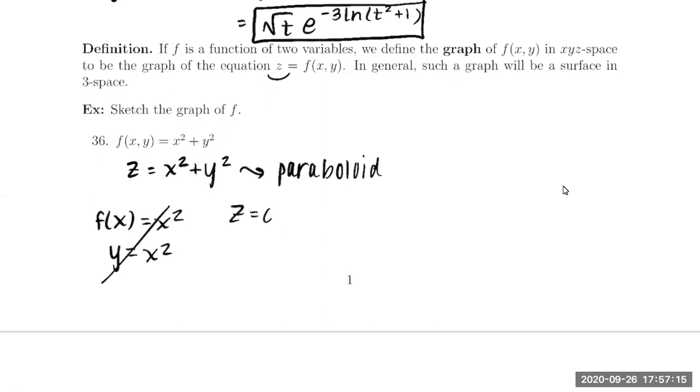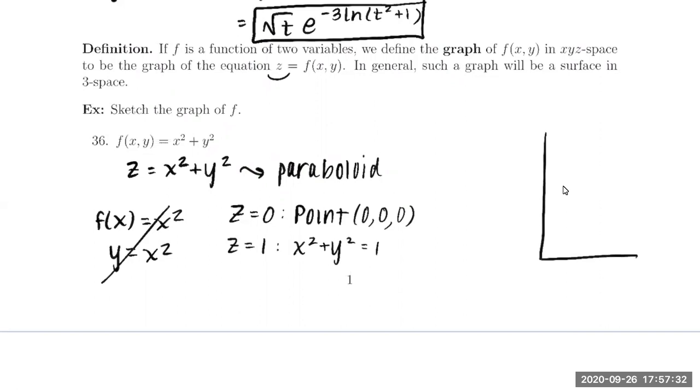If z equals 0, we just get a point at the origin. If z equals 1, we get the unit circle. All right, so let's go ahead and sketch this. Make sure to label your axes just so that I know the orientation here.